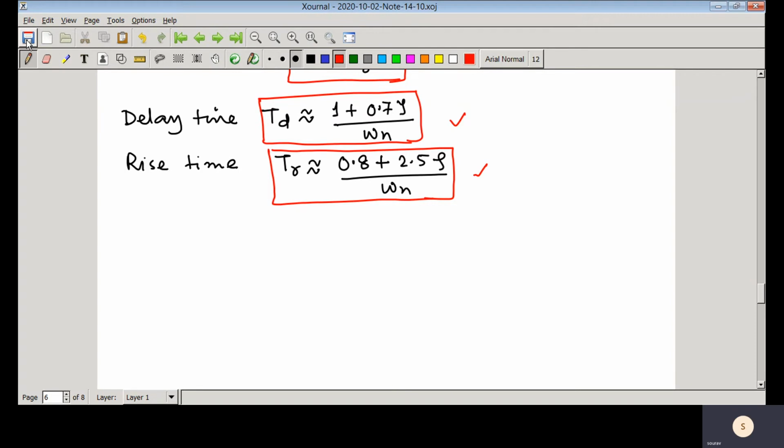Here we have seen four different cases: whenever zeta varies from 0 to 1, that is the underdamped case; when zeta equals 1, the critically damped case; when zeta equals 0, the undamped case; and when zeta is greater than 1, the overdamped case. Now we will look at the location of the poles in those four cases. Let us see the step response.